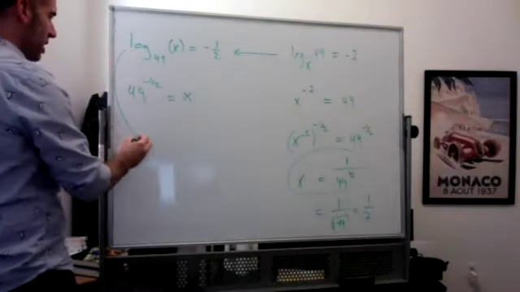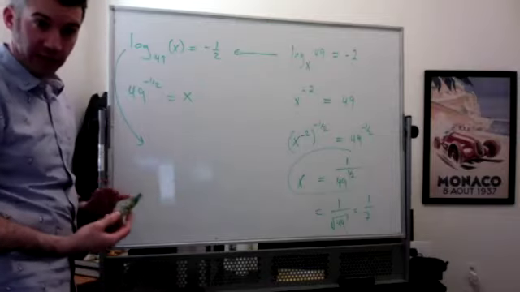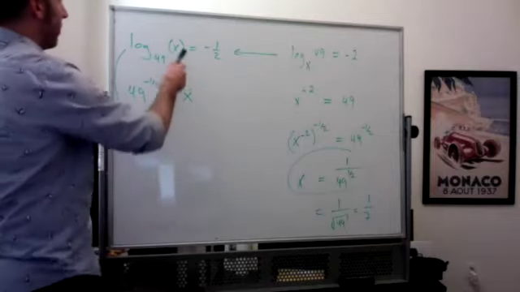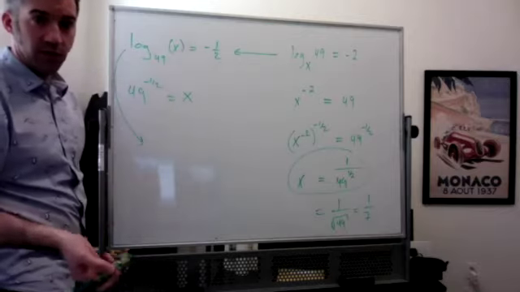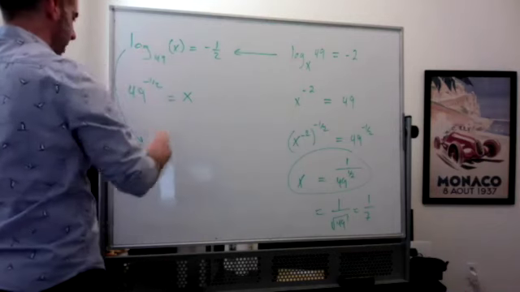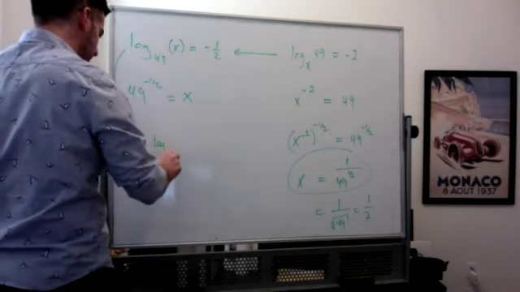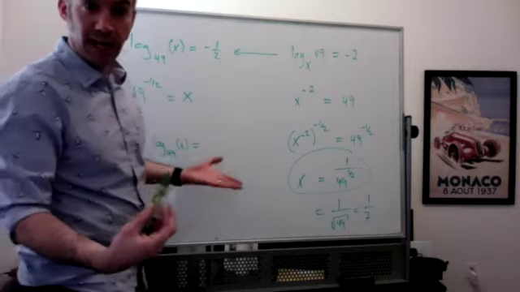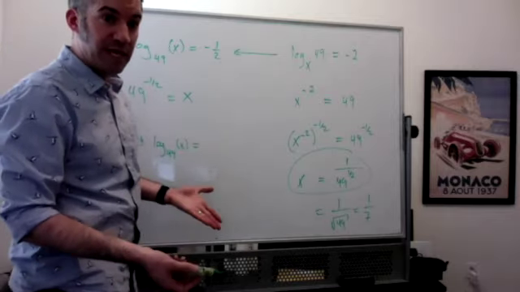What you're actually doing here, or at least what Alyssa is doing, is using the change of base formula, which I know we haven't talked about in this class. The change of base formula says if you've got a logarithm, you can change the base to any base you want. So if I have log base 49 of x, I can rewrite this as, pick any base you want, I'm going to pick base b.